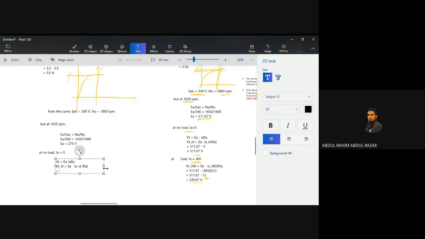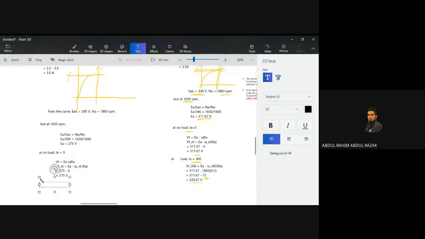So better make it longer such that you are capable of getting marks out of your work lah. So now your EA is 275 and your current is 0, so Vt is equal to 275 volt. Okay. So that is no load.